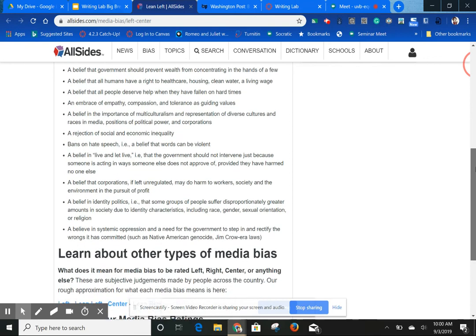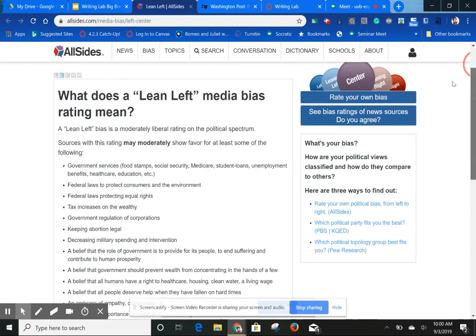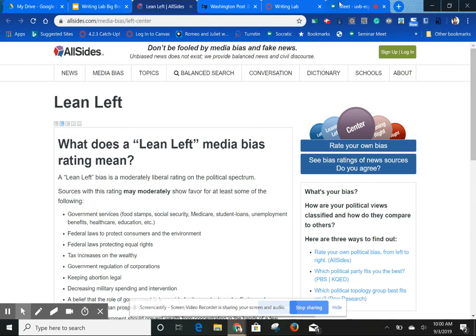So all of these indicate a leaning left bias. And when you go to this all sides, you can type in a publication and they'll tell you what is the predominance of the articles that are written. Do they tend to lean left or do they tend to lean right?